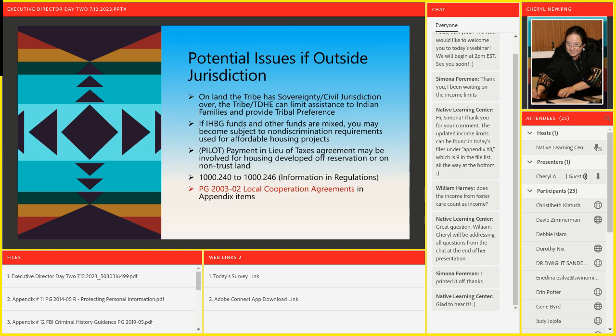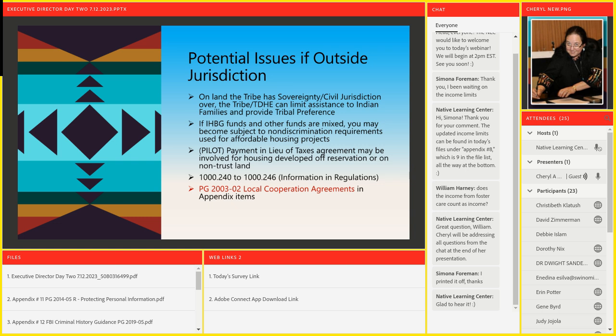You also have to look at potential issues if you are outside of your jurisdiction. On tribal trust land, on land the tribe has, sovereign land, civil jurisdiction, the tribe and our TDHEs can assist or limit that assistance to just our Indian families, because that's what Congress gave us that money for.